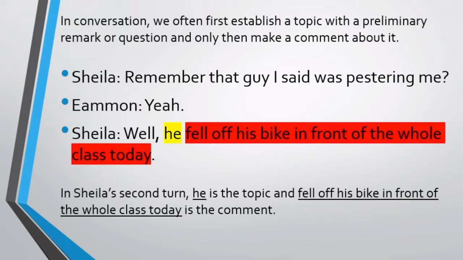Notice Sheila's second turn. The word he is the topic. The sentence "fell off his bike in front of the whole class today" is the comment. It says something about he.